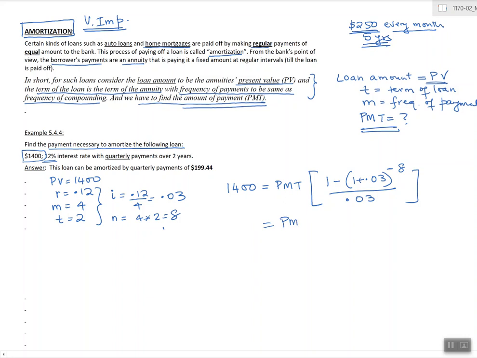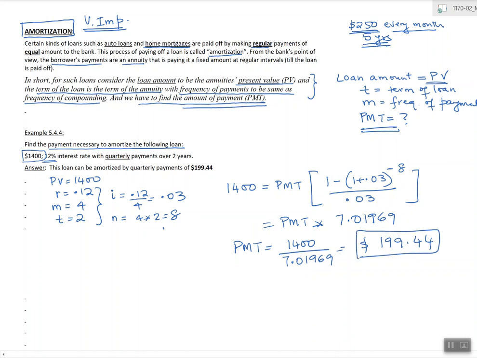Again, using your calculator, you can find that this is PMT times 7.01969. So therefore the payment PMT would be 1400 divided by this number, and when you do that, you get $199.44.